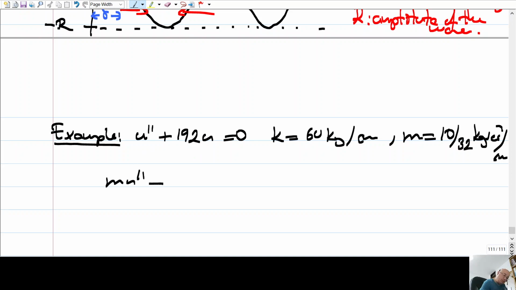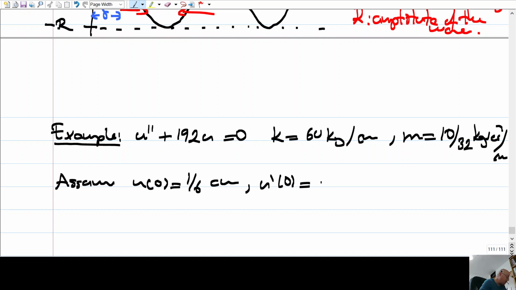So m u double prime plus k u. The equation, and let's say, assume u0 equals 1 over 6 centimeter, and u0 prime is minus 1 centimeter per second.